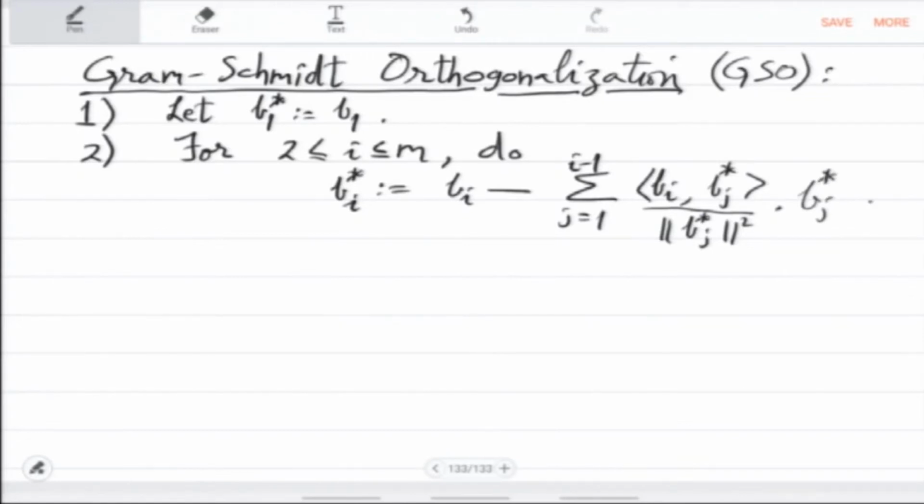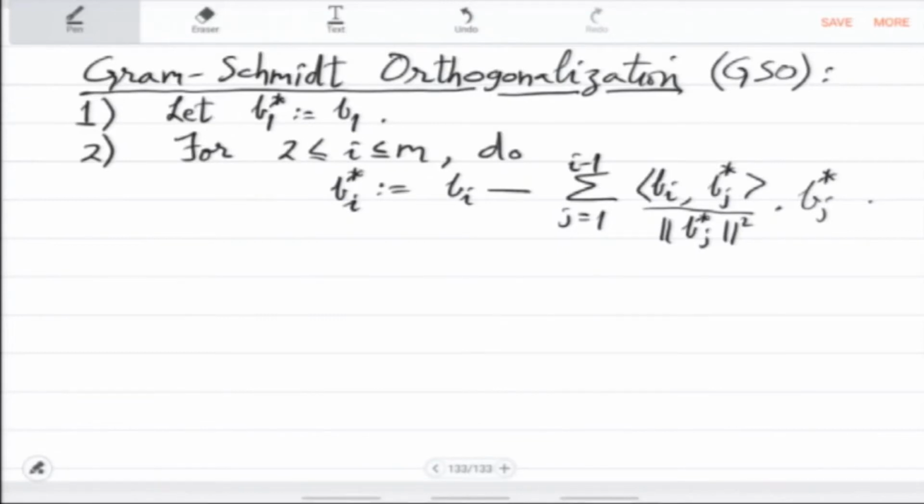Okay. So B1 star to Bi minus 1 star is the space for which we have already computed an orthogonal basis. So you project Bi on that and just remove that projection. So obviously what remains will be orthogonal to the first i minus 1 vector space.